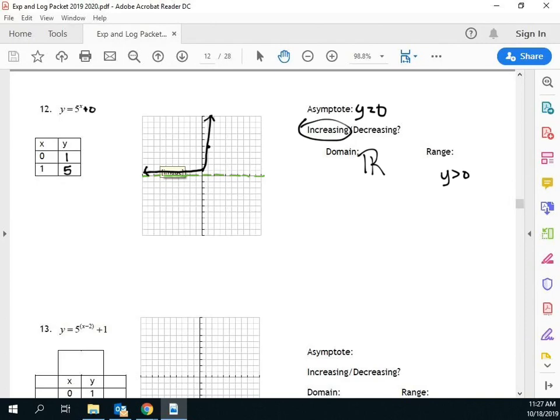Pretty sharp turn going from 0, 1 to 1, 5. Would you agree? Almost kind of hard to go there and not just curve straight. It's got to be a curved line, guys.